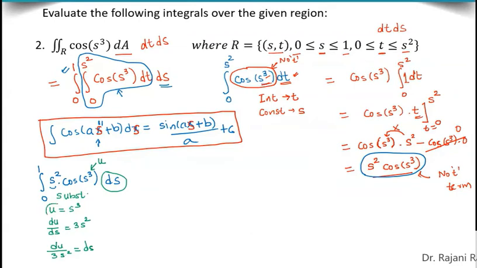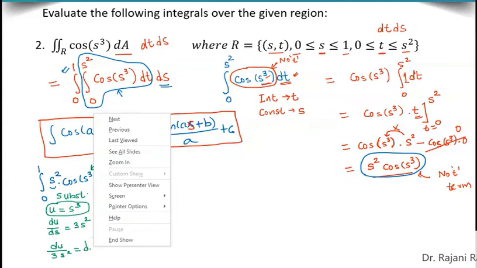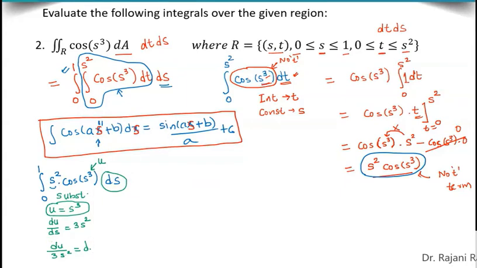Now we substitute this value of u and this value of ds in the integral. Let's not write the limits here, because the limits are for s and we are changing to u, so the limits will change.